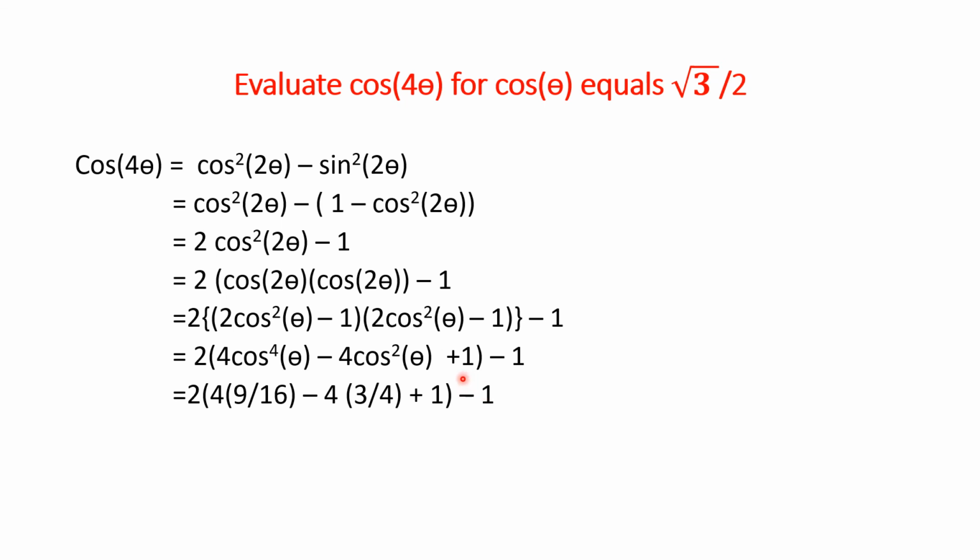If we do the math, this leads us to 9 divided by 2 minus 6 plus 2 minus 1. This will eventually give us the answer to be negative half, and that is the answer for this problem.